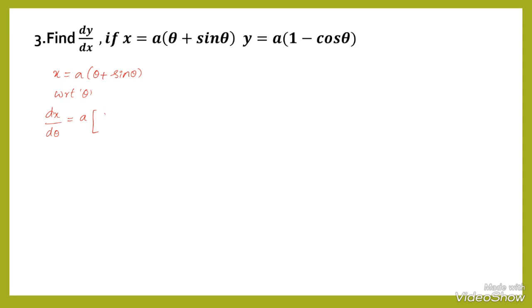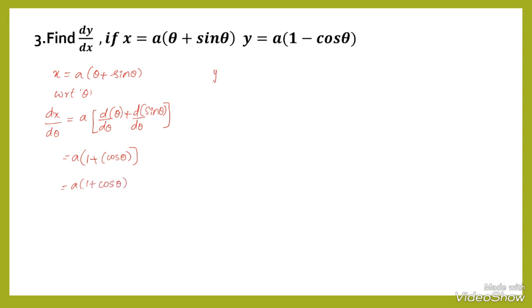I can take each term by differentiation: d by d theta of theta plus d by d theta of sine theta. It becomes 1 plus differentiation of sine theta, which becomes cos theta.